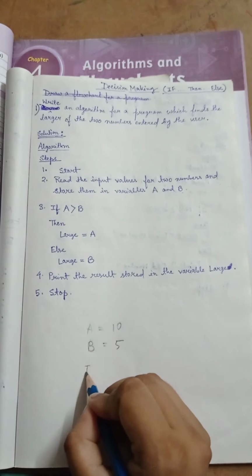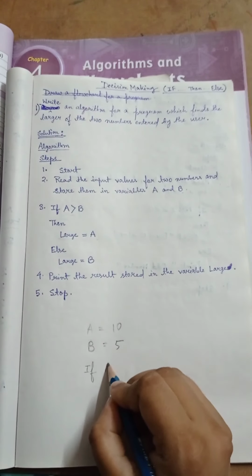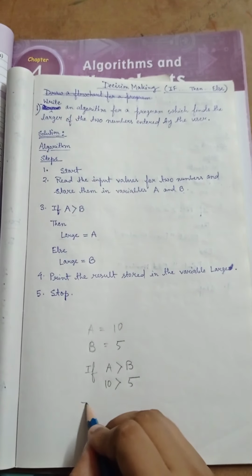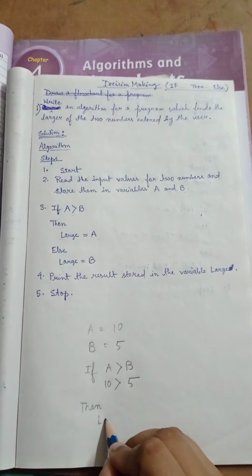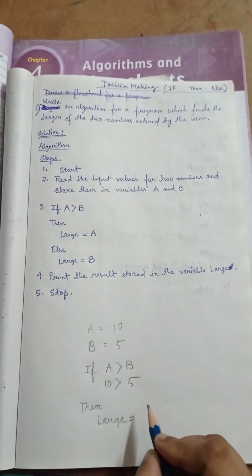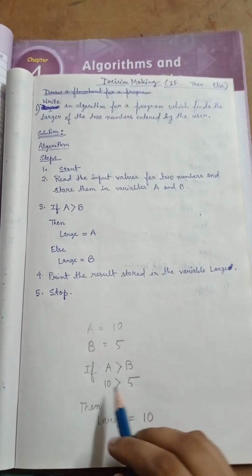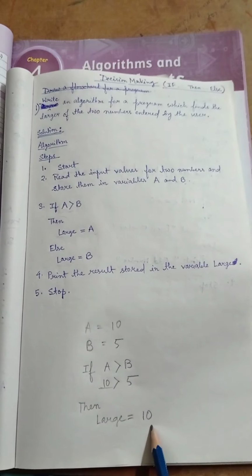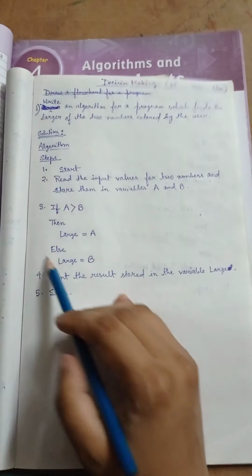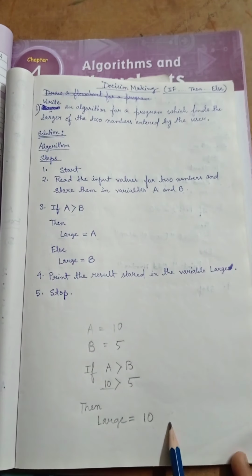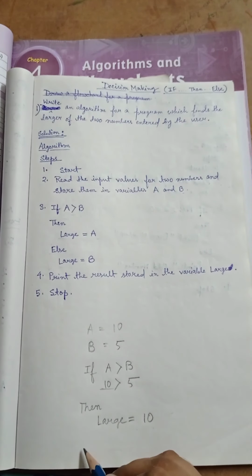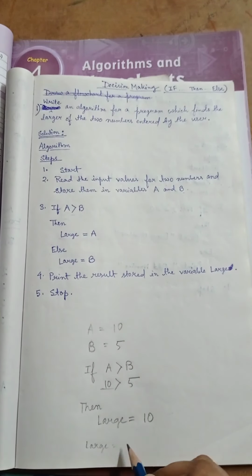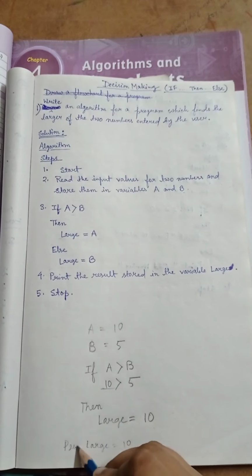So here in the if condition, a greater than b means 10 greater than 5, so large is equal to 10 is executed, because 10 is really greater than 5. The else part is ignored, and then the print statement gets executed, meaning it prints large, which is 10, and then end.